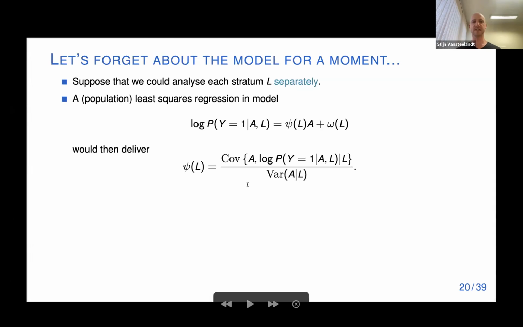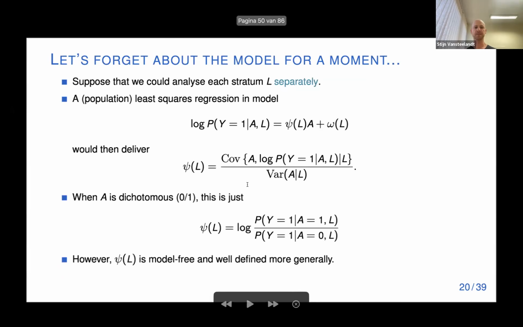I can view this as a model-free summary of the treatment effect in stratum L. If A is dichotomous, then this is just a log relative risk. But the summary psi L is well-defined more generally, even if the exposure is continuous. In fact, dealing with continuous exposures has been one of the motivations for this work.